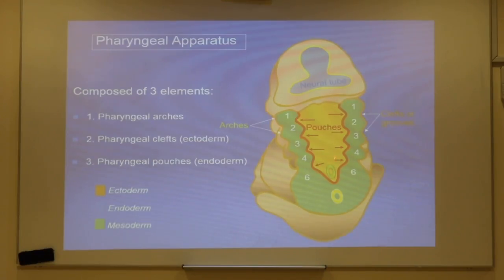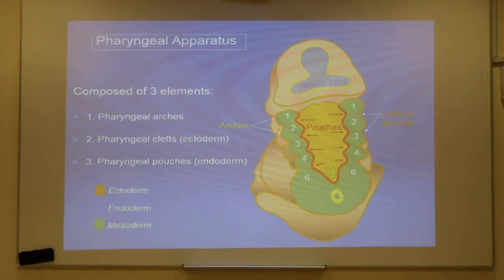But the pouches are still going to be there. So the pouches are going to give rise to different structures. The first pouch, which is an endodermal pouch, is going to grow towards the first cleft.